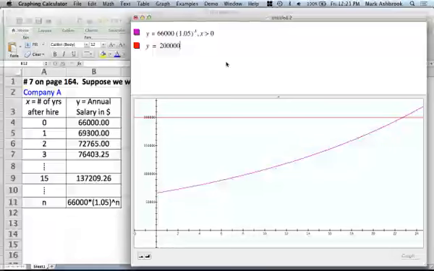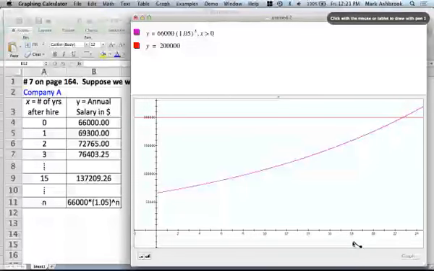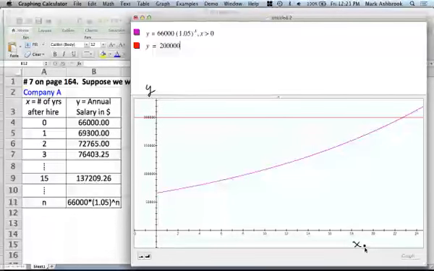Yeah, so when you're looking at a graph, good. When you're looking at a graph, you've got to know what quantities you're graphing. The x quantity is the number of years after hire. That's the input. And the output is?